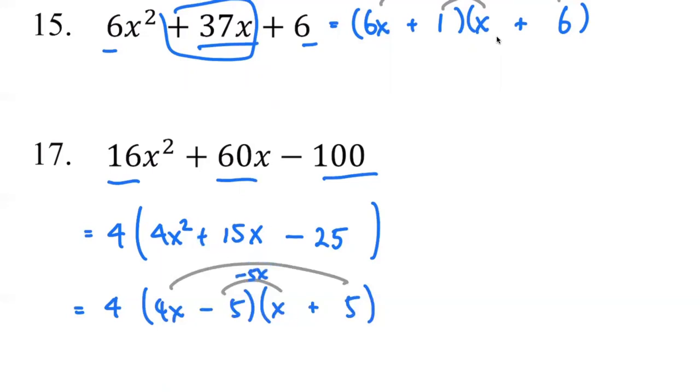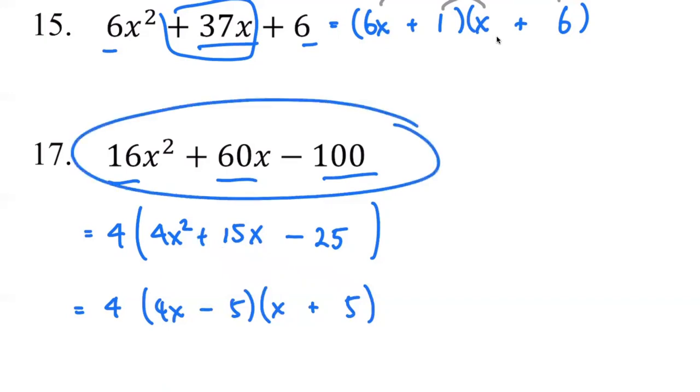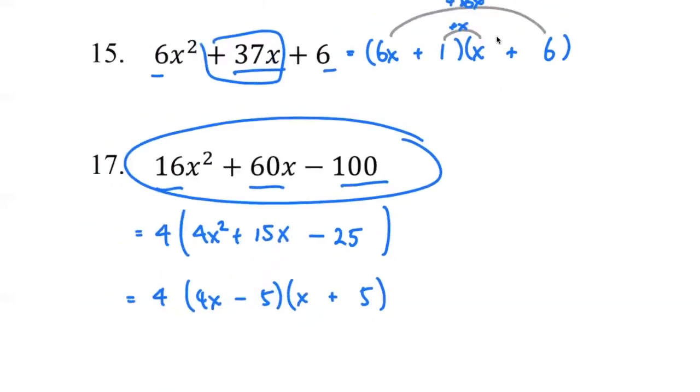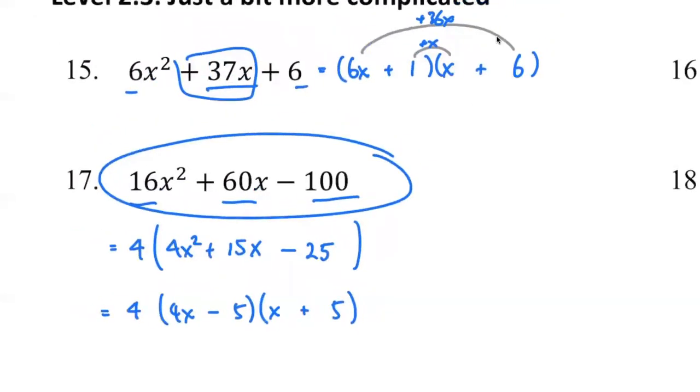So that's how we get the factors. This particular thing, 16x squared plus 60x minus 100, is factored into 4 times 4x minus 5 times x plus 5. So how many factors do we have? Technically 3 factors here to get us the quadratic trinomial.